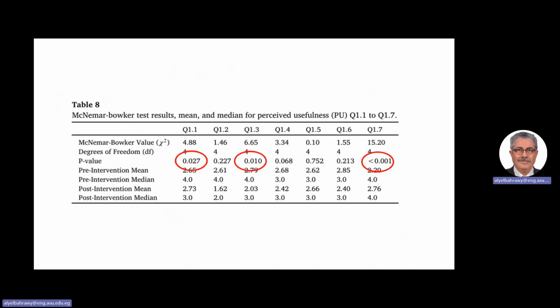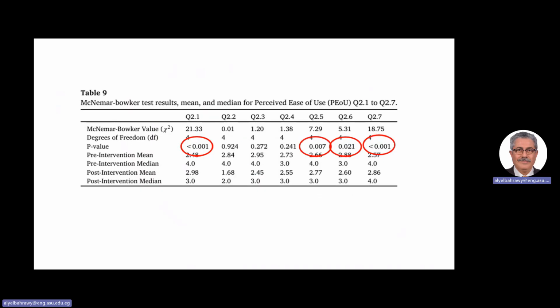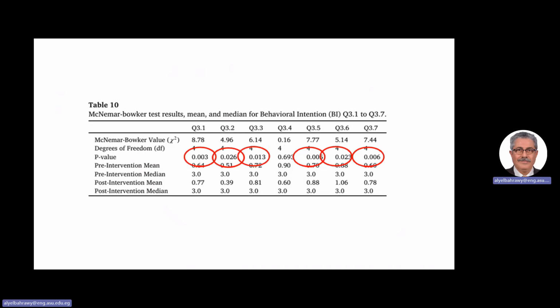Because a p-value less than a certain number, which is I think 0.05, means significant. Same thing I did for the p-value to see what happened to questions from Q21 to Q27. The same thing I repeated here.